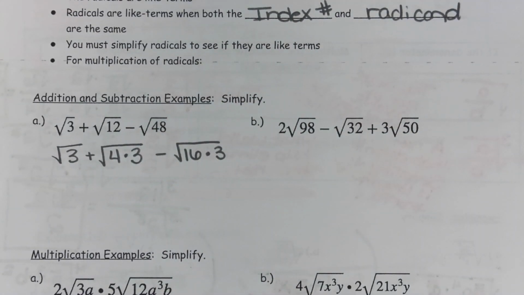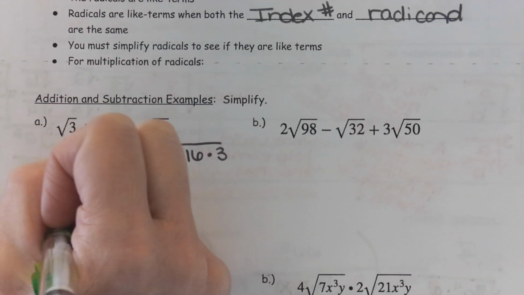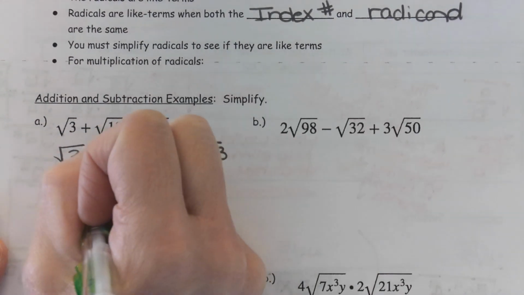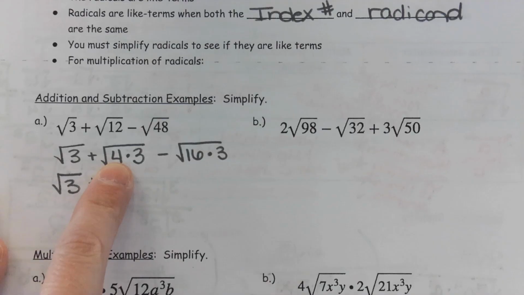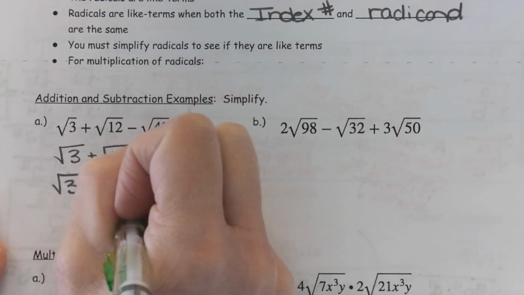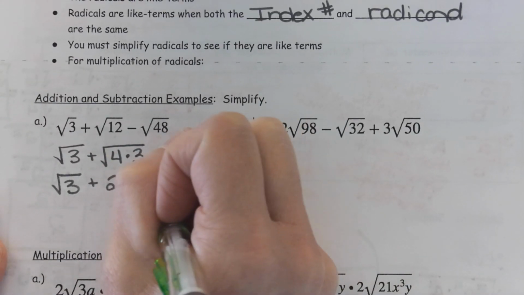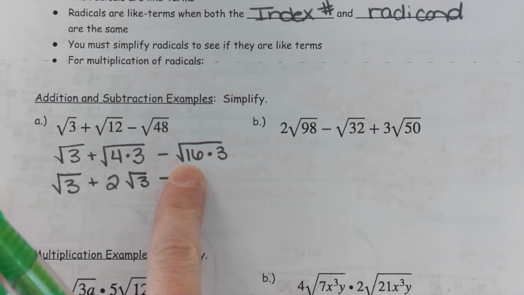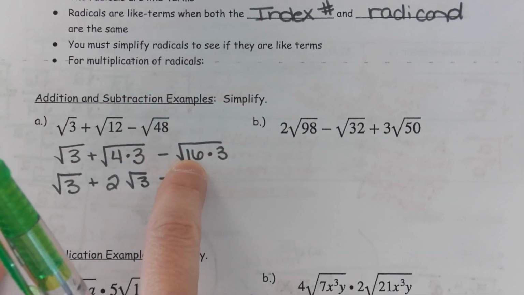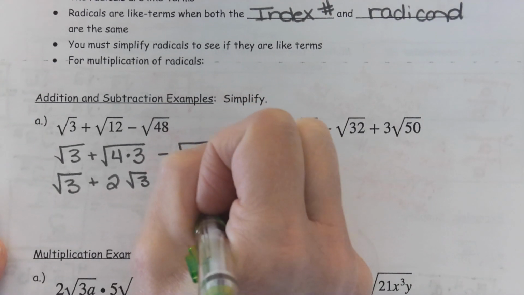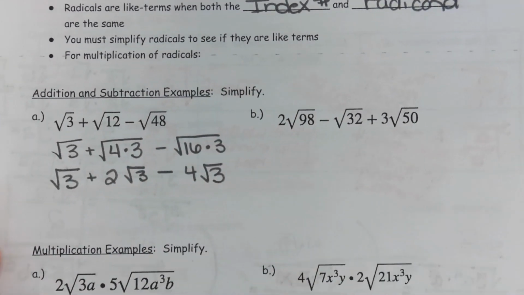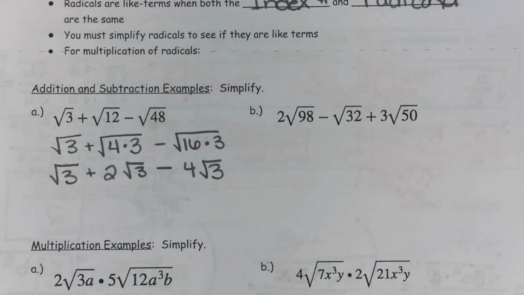All right, so let's simplify these. Root 3 is root 3. If I take the square root of 4 here, what's this going to give me? 2. So now I have 2 root 3's minus, what is this going to give me when I square root it? 4. I have 4 root 3's. So you have to think about root 3's as like a thing.